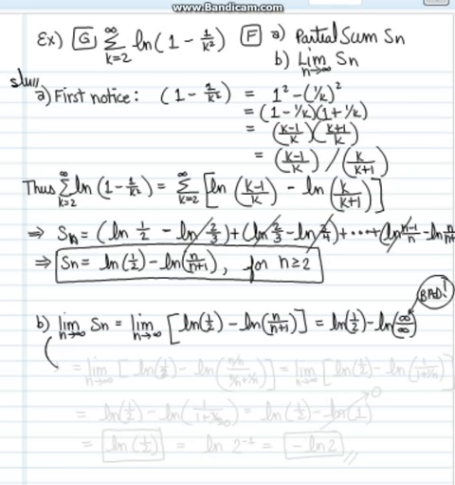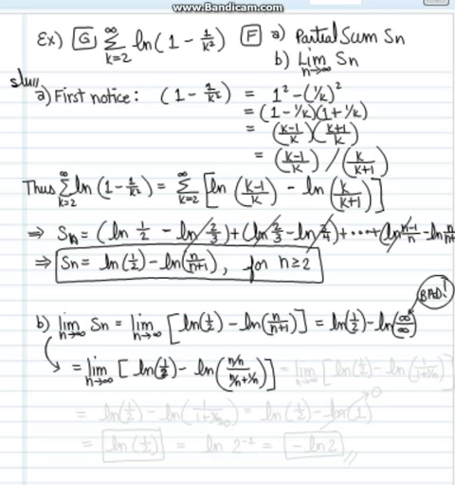This is equal to the limit as n approaches infinity of the natural log of 1 over 2 minus the natural log of, let's see, we'll divide the top and bottom by n. We'll get n over n over n over n plus 1 over n.